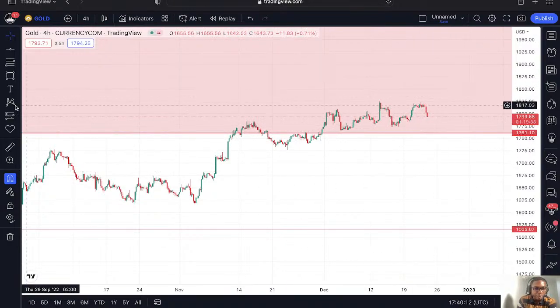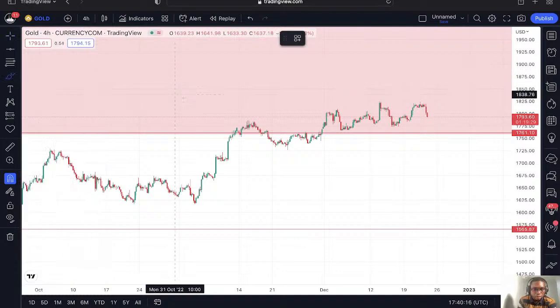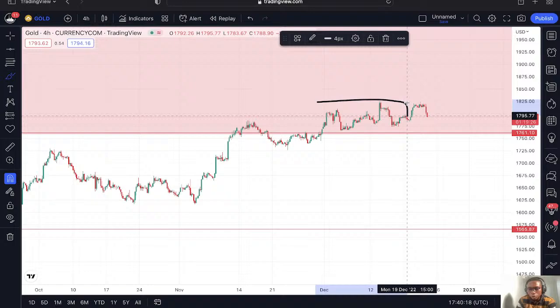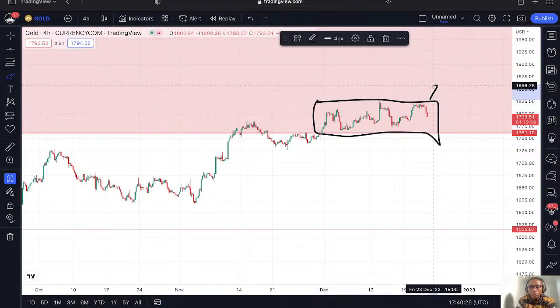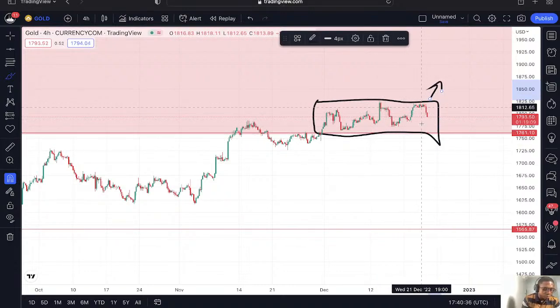If gold goes up out of this level, then we go bullish. So we patiently wait to see gold's reaction within this zone. Are we going bearish or are we going bullish? We have to decide based on gold's reaction here.